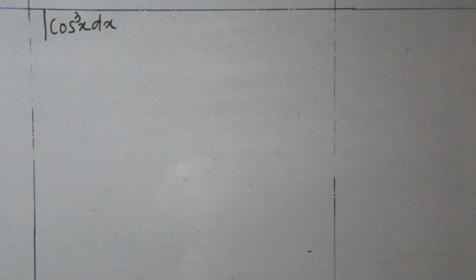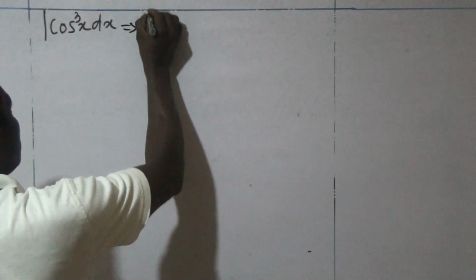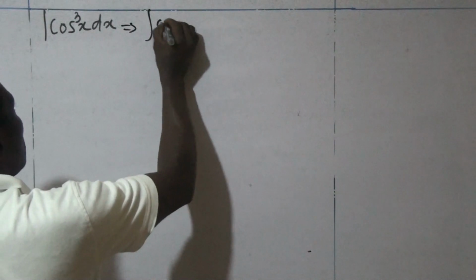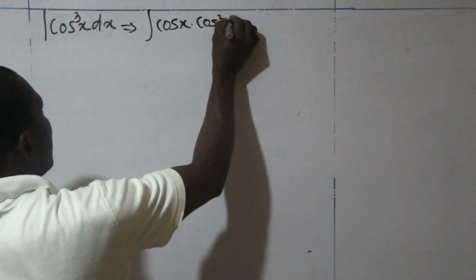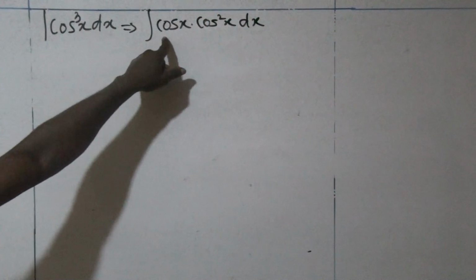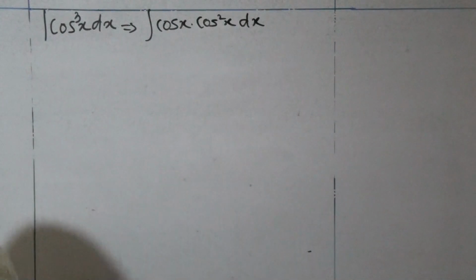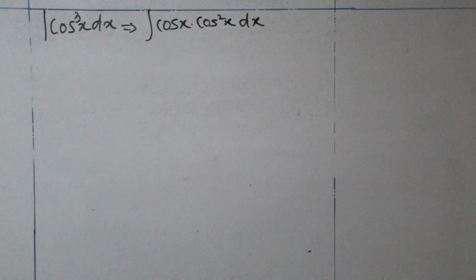Let this be the integral of cos x times cos square x dx. Because if we multiply cos x times cos square x, it's going to give us this part.